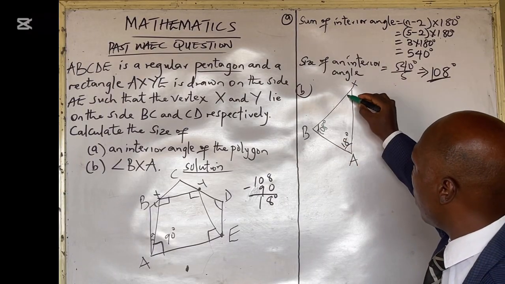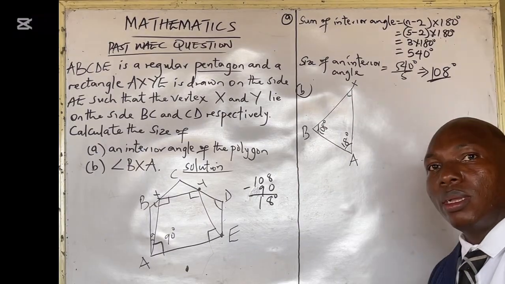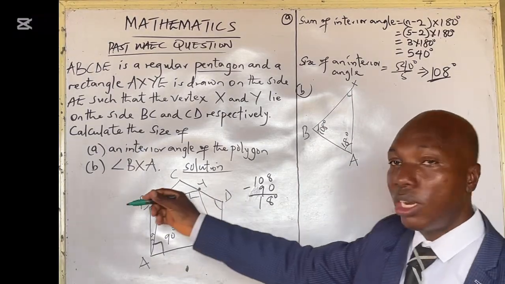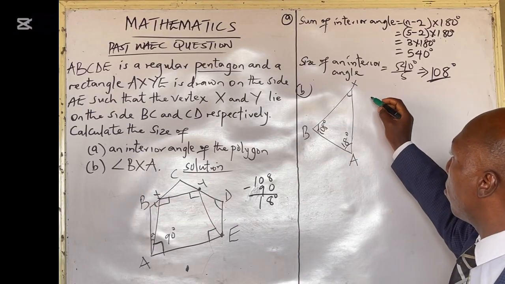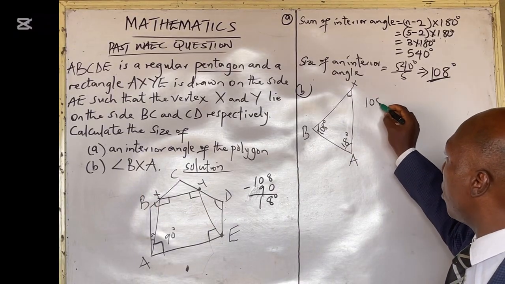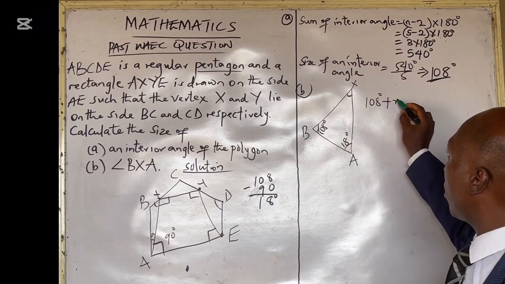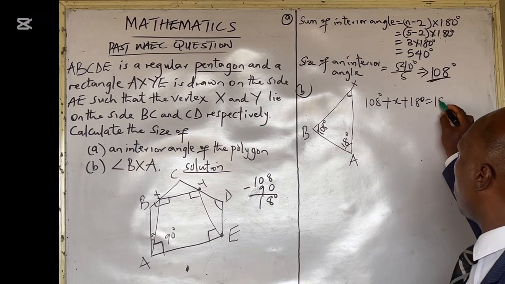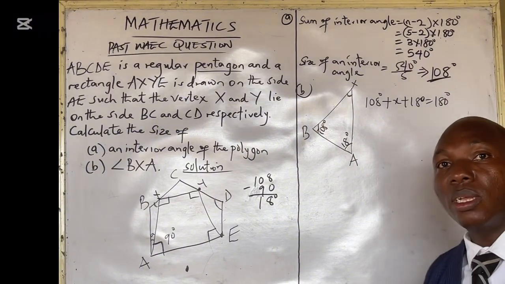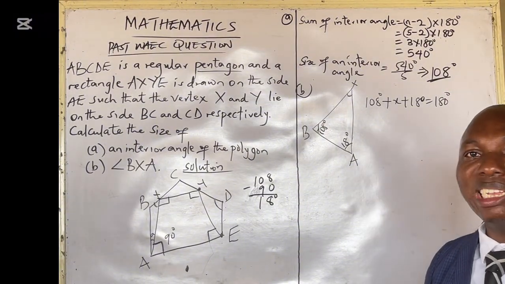So we can calculate angle x. To calculate angle x, which the question is asking us to do, angle BXA, we have 108 plus x plus 18 degrees equals 180 degrees. The reason is the sum of angles in a triangle.